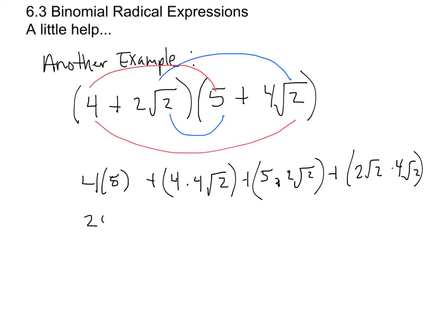This simplifies to 20 plus 16 root 2 plus 10 root 2 plus 16. It's okay for us to multiply the terms that are outside of the radical. The term that's right in front of the radical is not married to the radical.